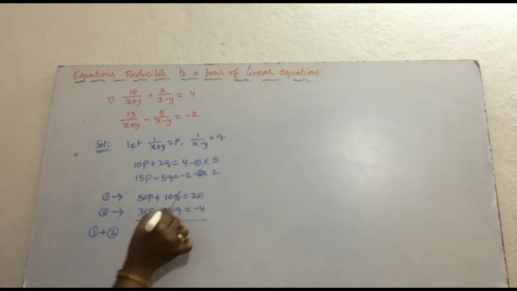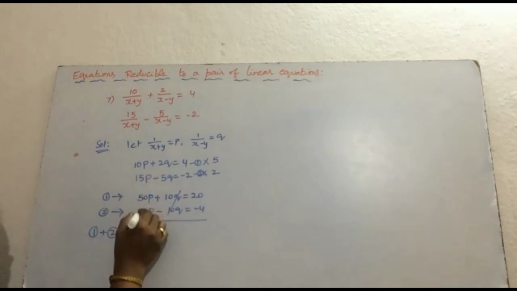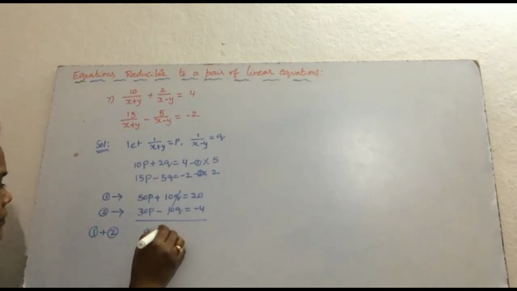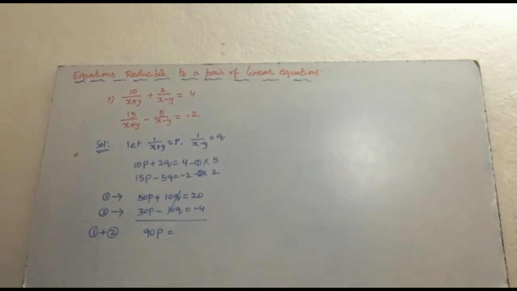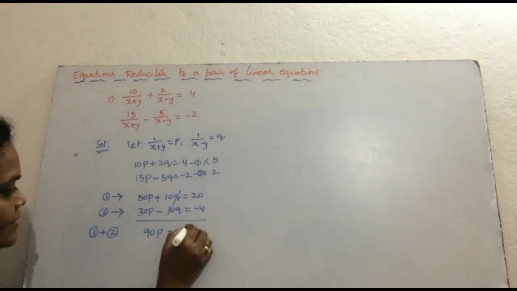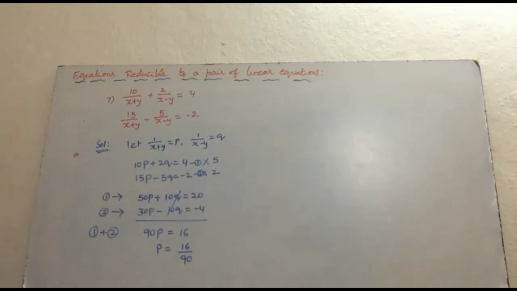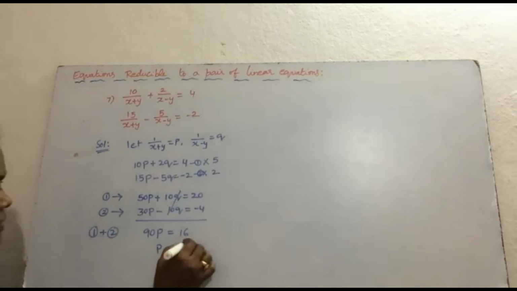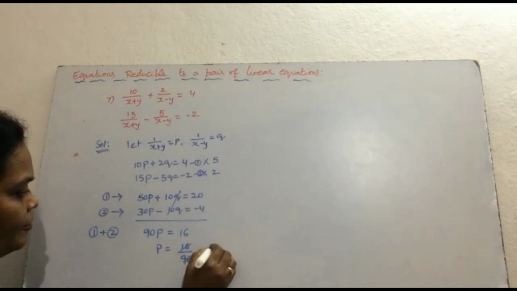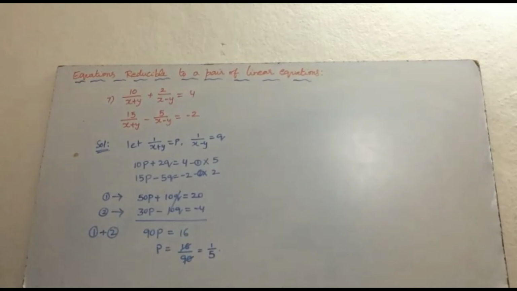Then these two get cancelled, and 90p equal to 16. So p equal to 16 by 90.